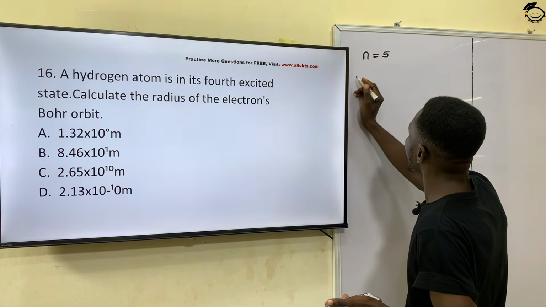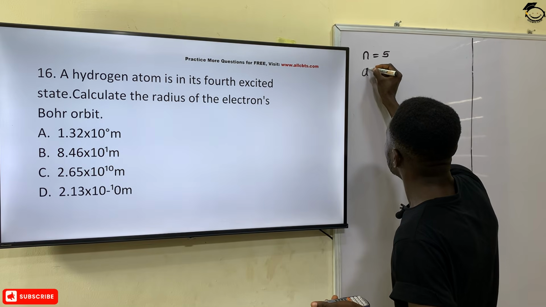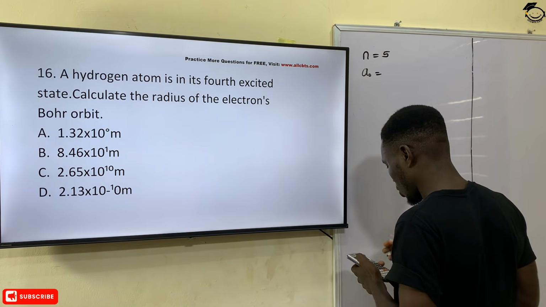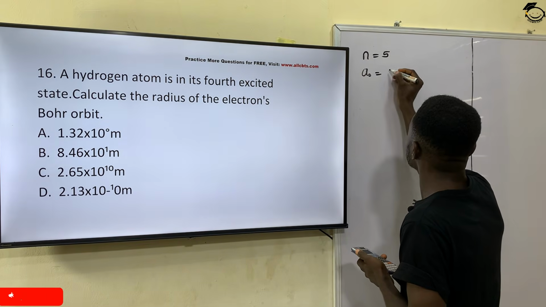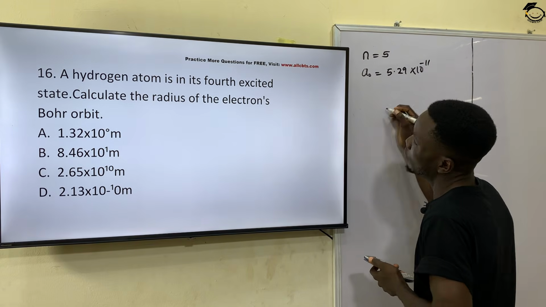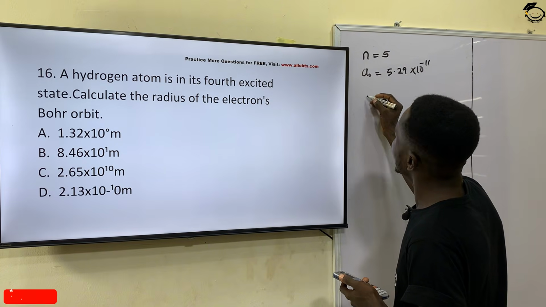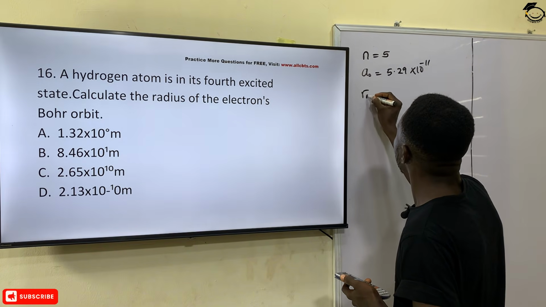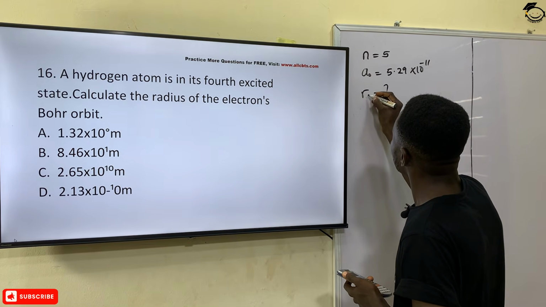Now, the first thing we are going to take note of is Bohr's radius. Our Bohr's radius, which is A naught, is a constant, and it is 5.29 times 10 raised to power minus 11. So with this, we are going to find the radius of the electron. So our Rn here is unknown. We are looking for R5 in this case.